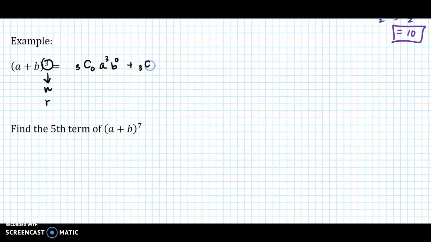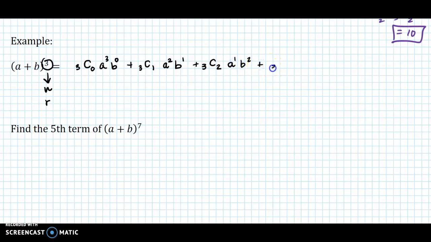Then it would be 3 choose 1, a squared b to the first. Then it would be 3 choose 2, a to the first, b to the second.